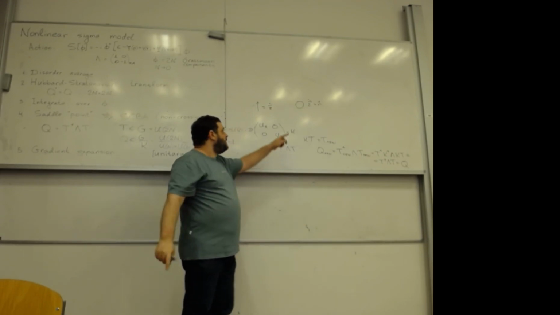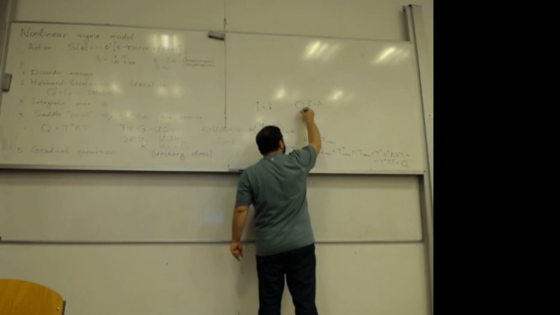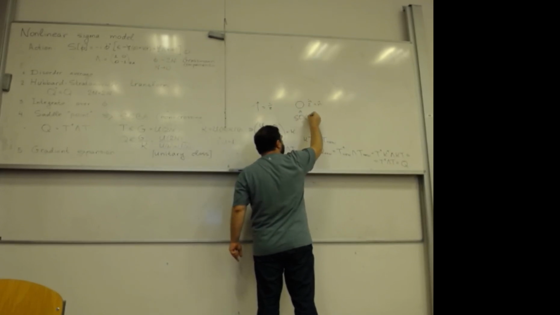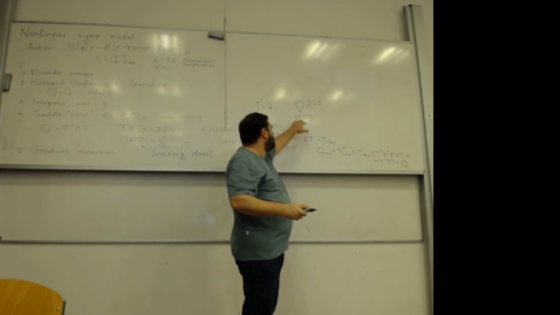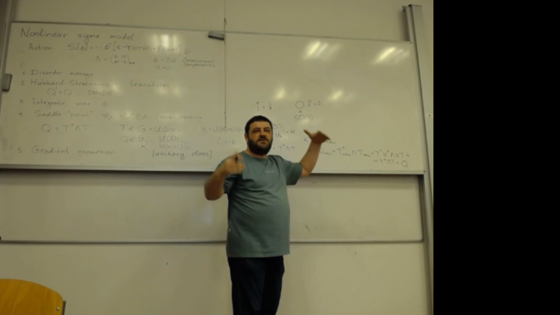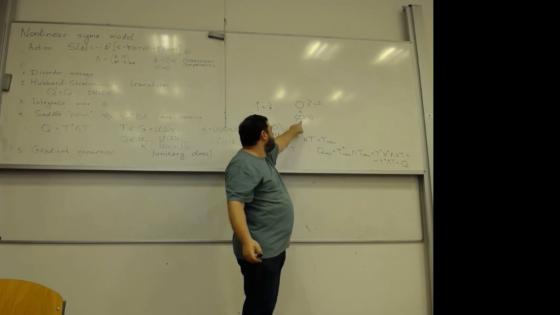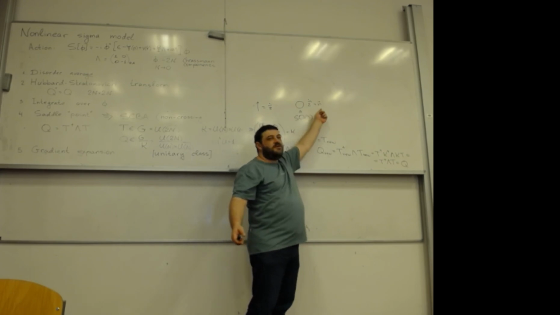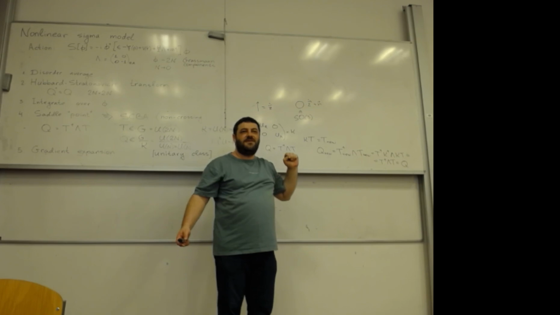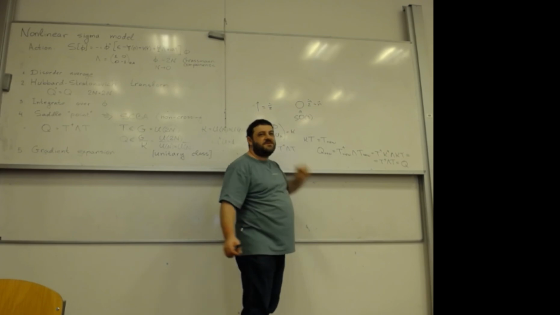Now, this orthogonal matrix is an element of the group SO(3), the group of rotations of three-dimensional space, so it's orthogonal matrices of size 3 with determinant 1. Question: for any orthogonal matrix, you will get some vector n here. Vice versa, how many of these vectors n do you have? Infinite. That's a good answer. How many matrices of this form do you have?